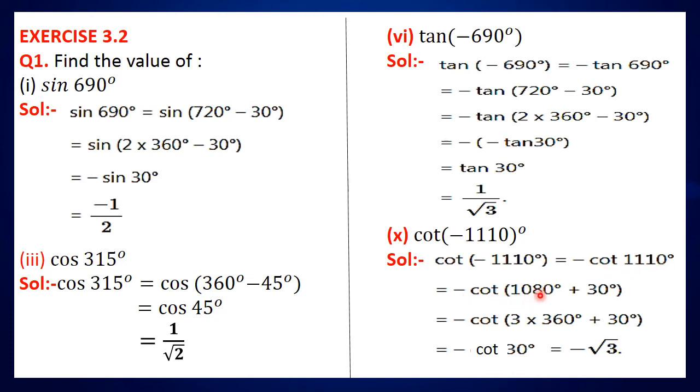We can rewrite this angle as 1080 degree plus 30 degree, and 1080 degree can be written as 3 into 360 degree, and it is an even multiple of 90 degrees. So we are getting the same function. So minus cot 30 degree, and what is cot 30 degree? Root 3. So minus root 3.